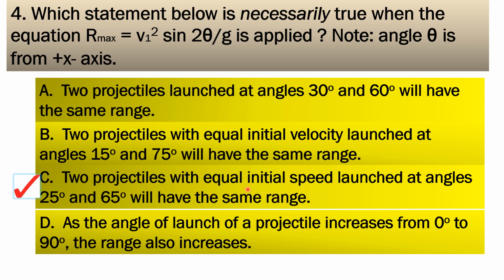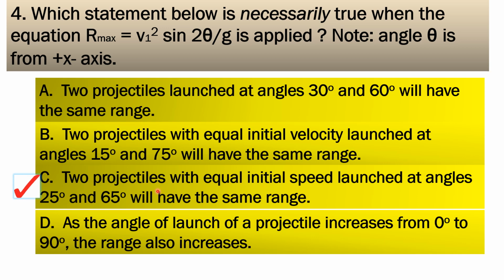If you use the words initial speed, their directions may be different. In fact, the first projectile has an angle of 25 degrees from the horizontal, and the other one, 65 degrees. But their initial speeds are the same.